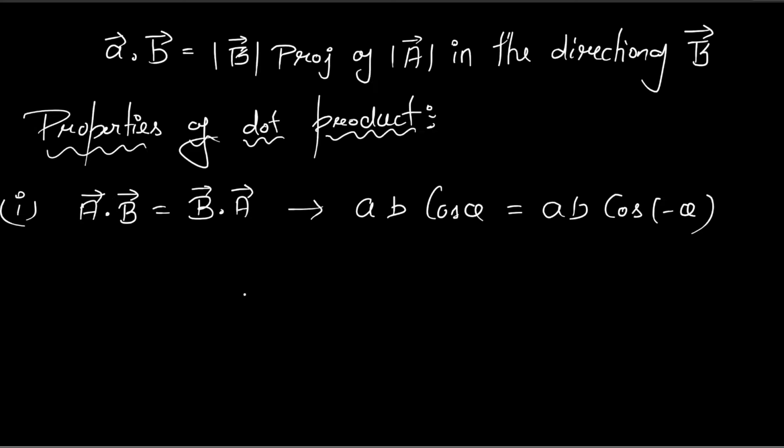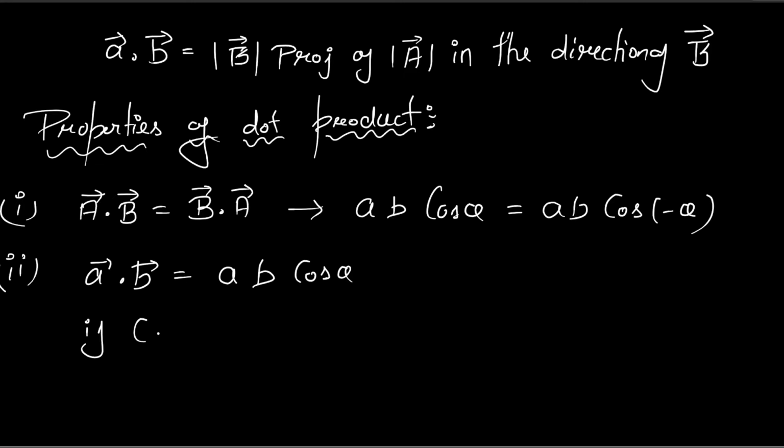Due to this property, A dot B is equal to B dot A, that is, A vector into B vector is nothing but A B cos theta.